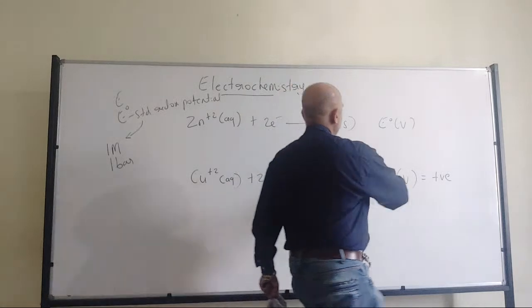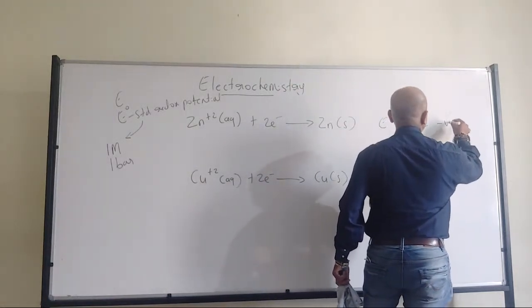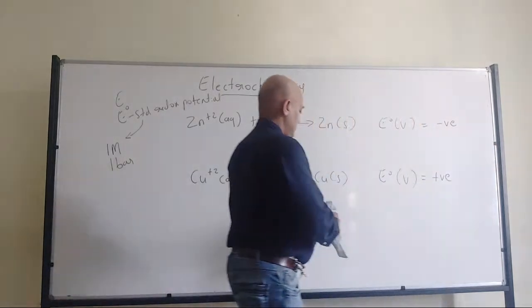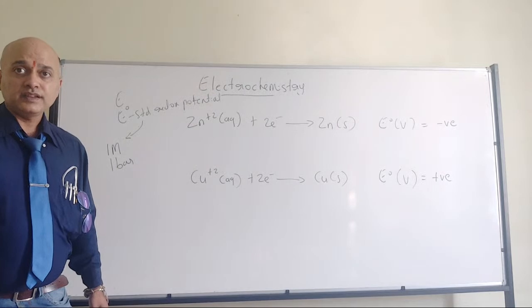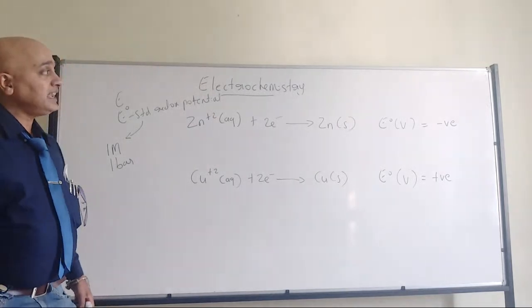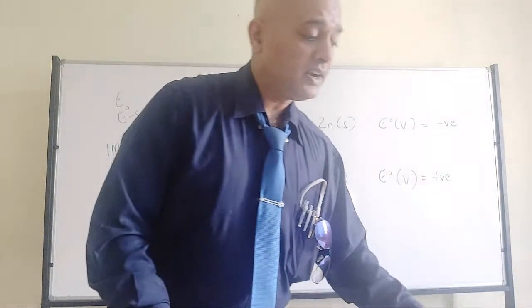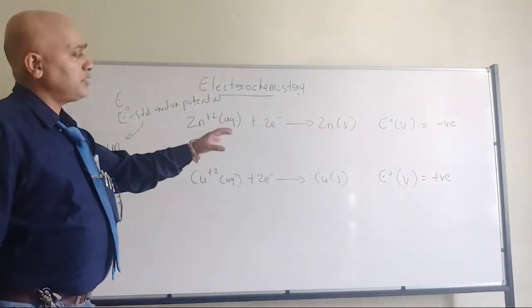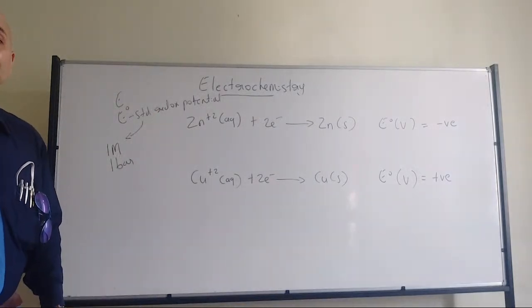When I am talking about zinc ion becoming zinc, it will have the negative value. All of you have understood? What is that value? We will not be bothered. But please remember that one will be having positive value and another one will be having negative value.